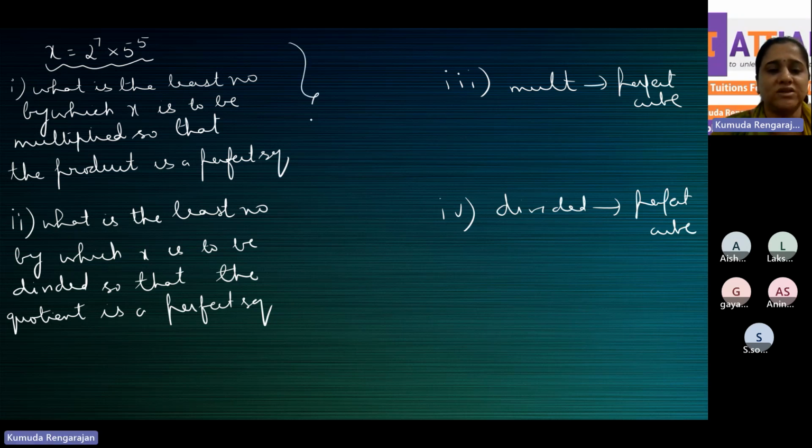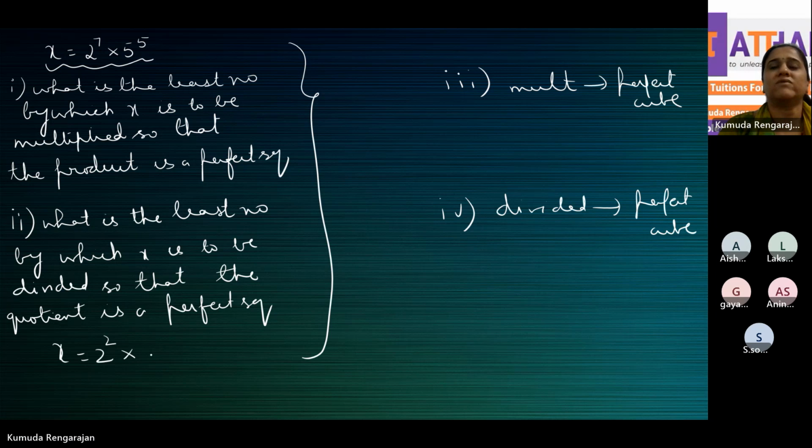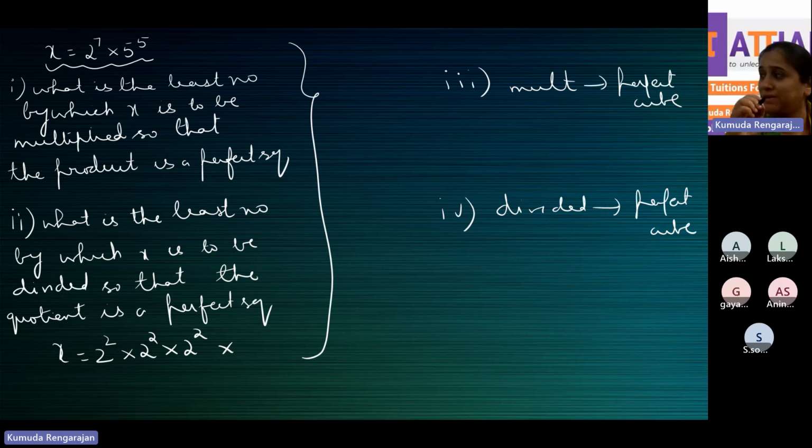Now to answer these two questions, you must write X as 2 square into... how do you write 2 to the power 7? Express 2 raised to the power 7 using 2 square.